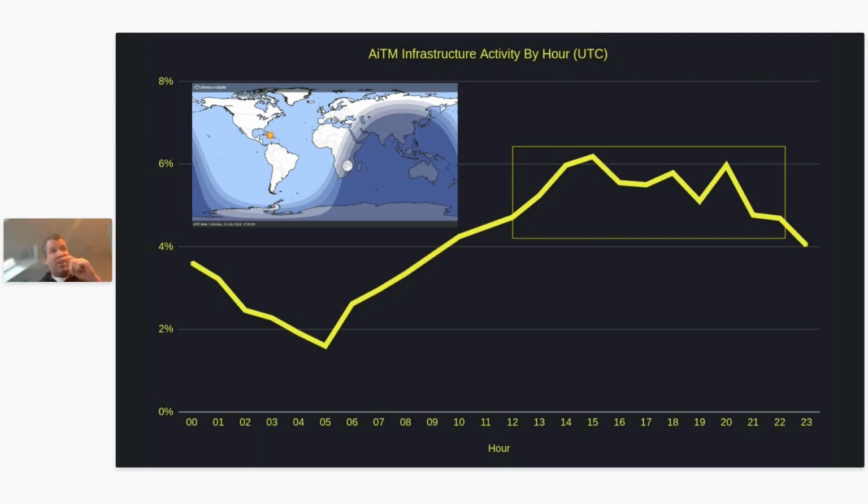The time zones on here, by the way, this time is all in UTC. So if you're in London, that's basically your time zone. And 4 and 5 a.m. would kind of correlate to working hours out in APAC. So I think we can say most operators aren't based out there if they are working hours.